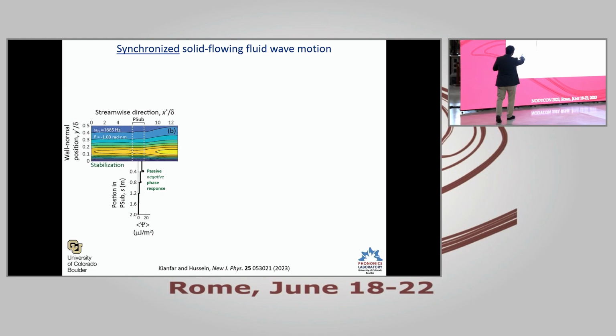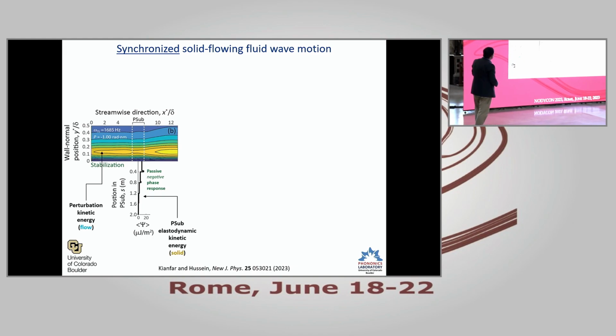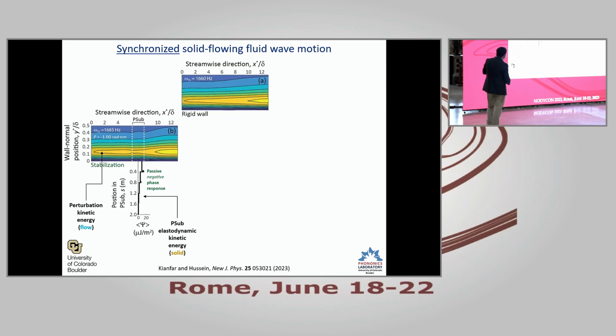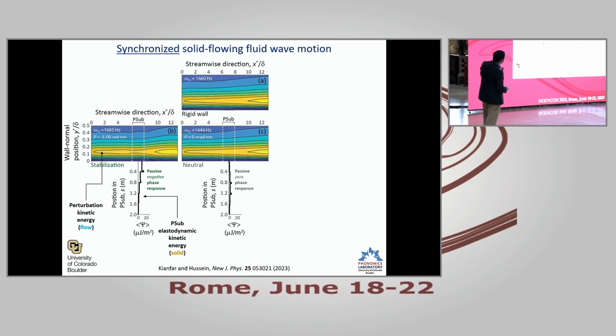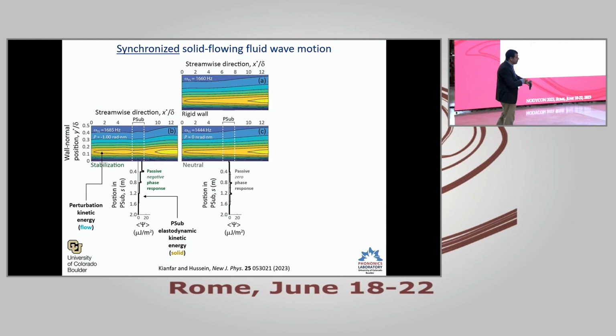So you can see it even more here. So this is the energy of the PSub and the energy of the instability in a case where we want to stabilize. And you can see exactly where the PSub is included, the color contour drops. To put this in contrast, this is the rigid wall case, so nothing is happening. And in fact, if we design a PSub that is just designed to be neutral, you'll see that it's exactly like the rigid wall case.